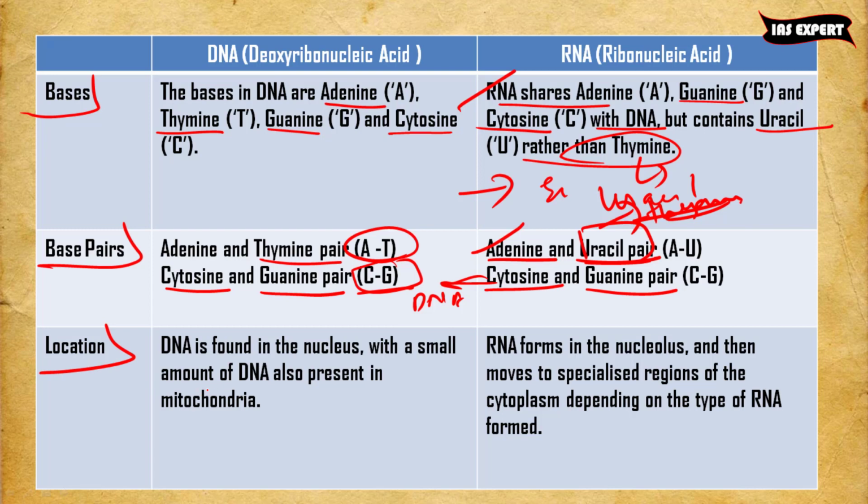Coming to the location, DNA is found in the nucleus with a small amount of DNA also present in mitochondria. So, DNA is only found in the nucleus, but sometimes in small amounts it is found in mitochondria, the powerhouse of the cell.